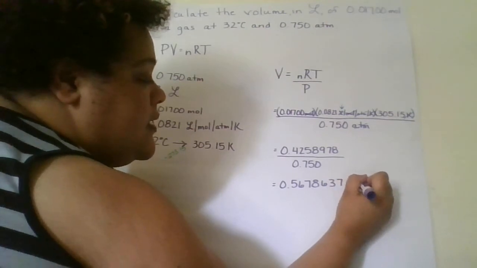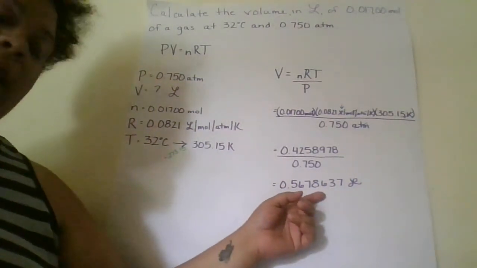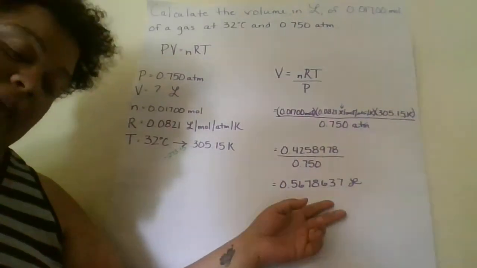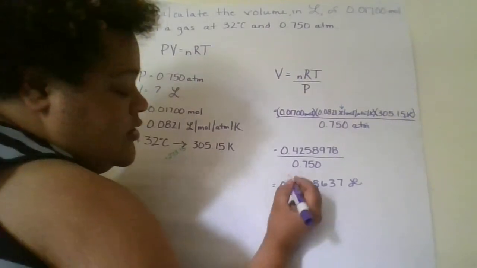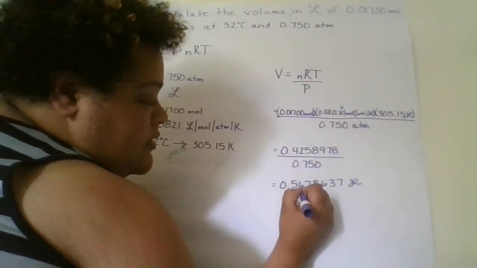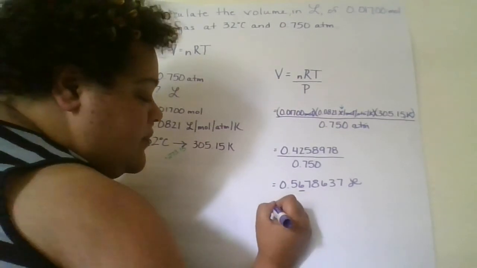0.5678637 liters. And I don't know about you, but I would hate to have to be that precise in how much of a liter that I'm getting. So we're going to round that, let's say, to the tenths place again. So we're going to look at the hundredths place there.